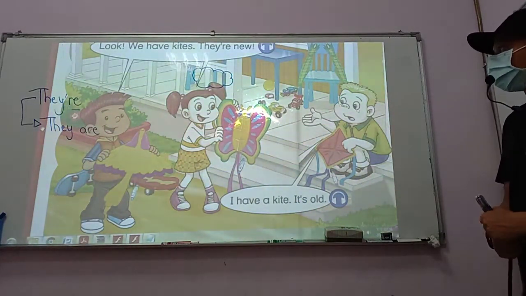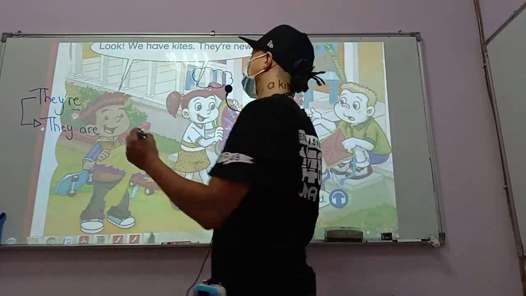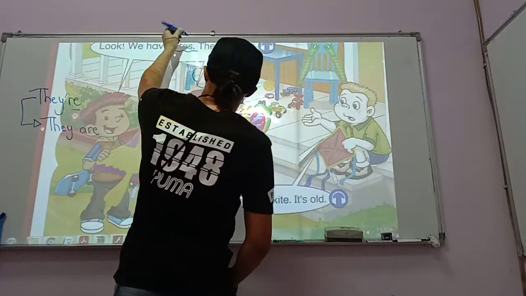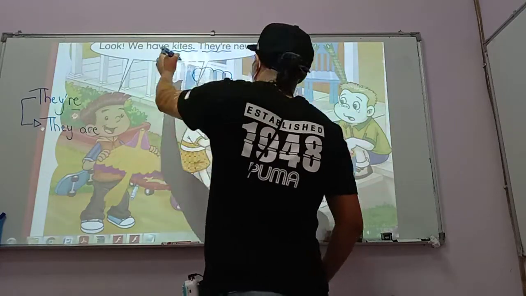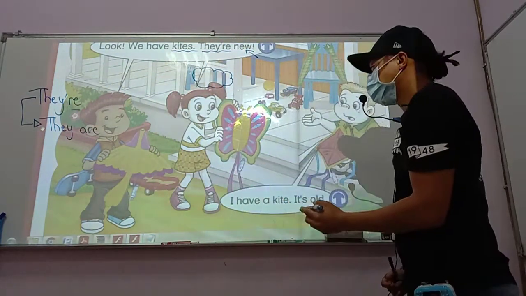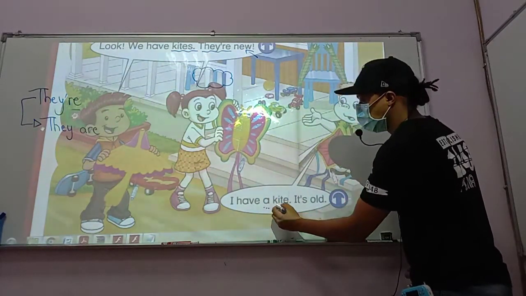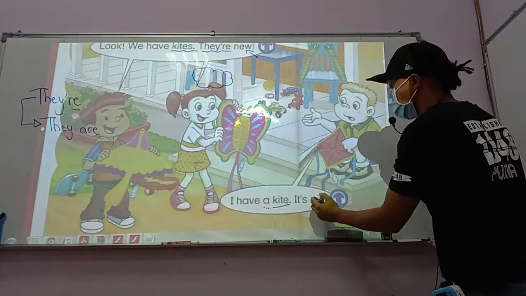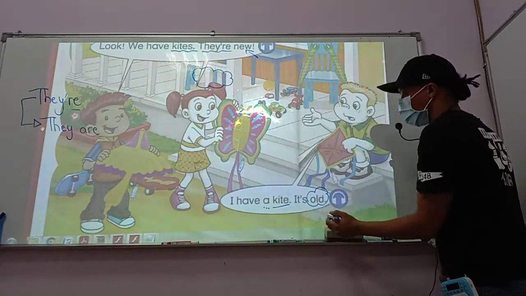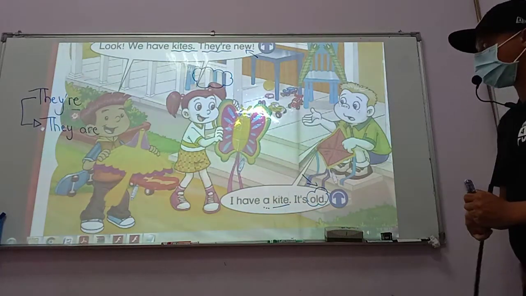So let's have a look. So Tim says, we have kites, they're new. So many kites, they are, and they're new. Okay? And Sam says, I have a kite, it's old. Okay, so very old kite.